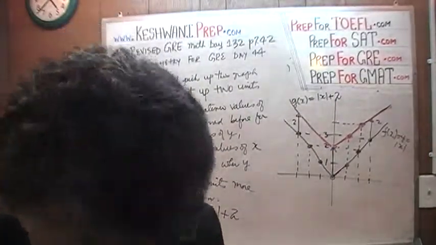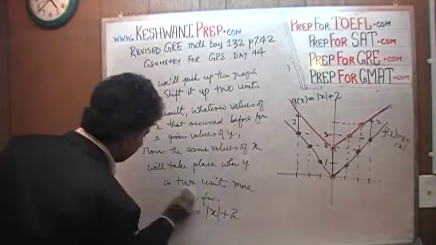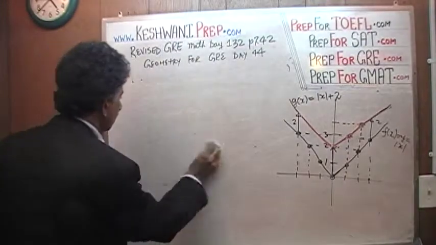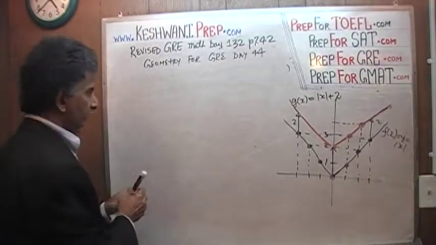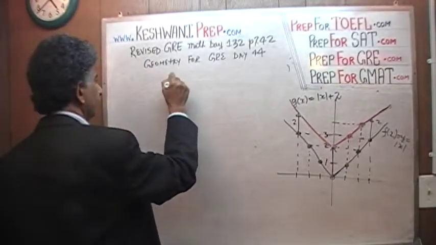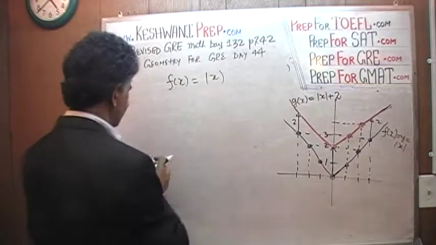Let's do one more graph very quickly, and we're going to erase all those things. Very simple, very straightforward. That was f of x, f of x equals the absolute value of x.